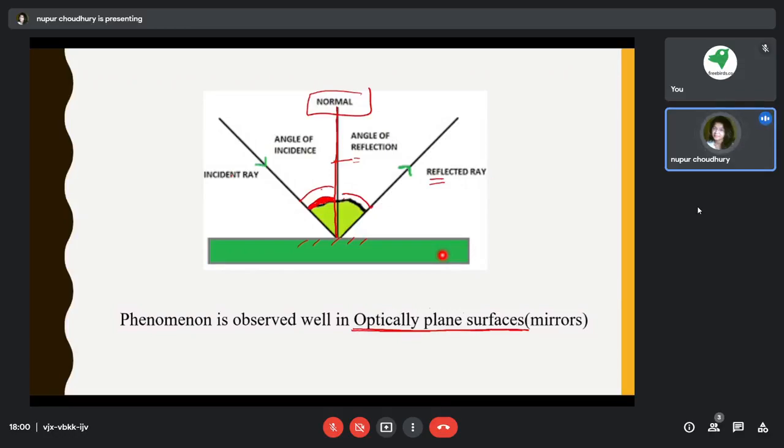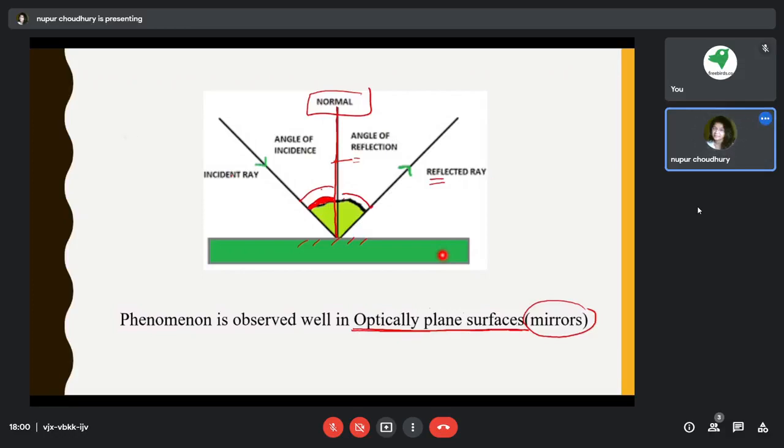A piece of paper might also seem very plain, but when you look at it from the macro level, it is not plain. Mirrors are generally considered optically plane surfaces, and light gets reflected from them very easily.